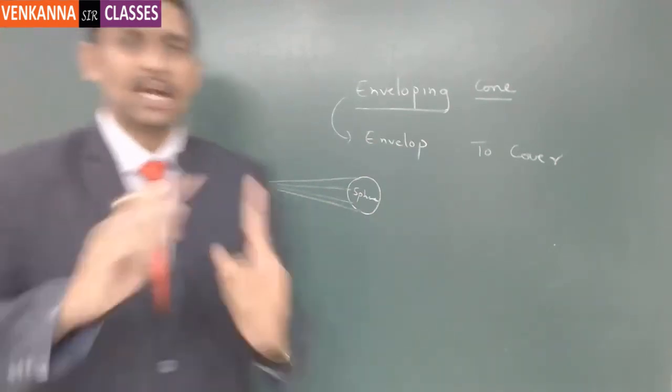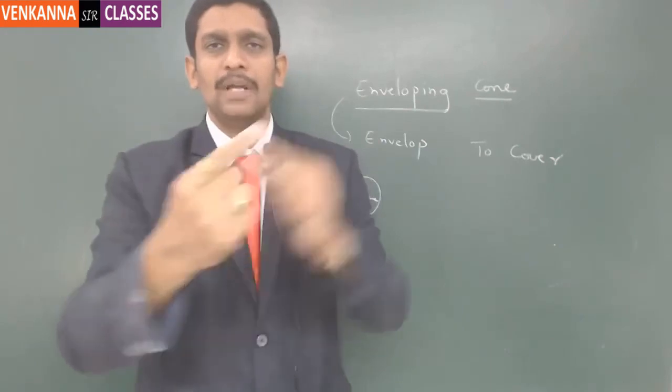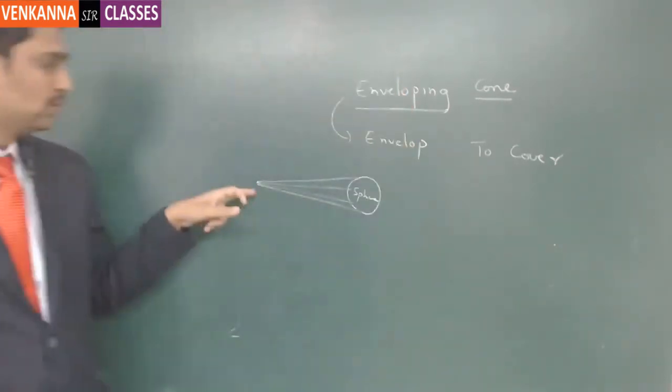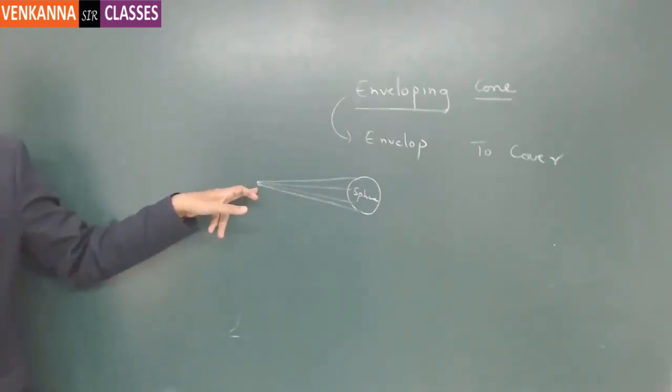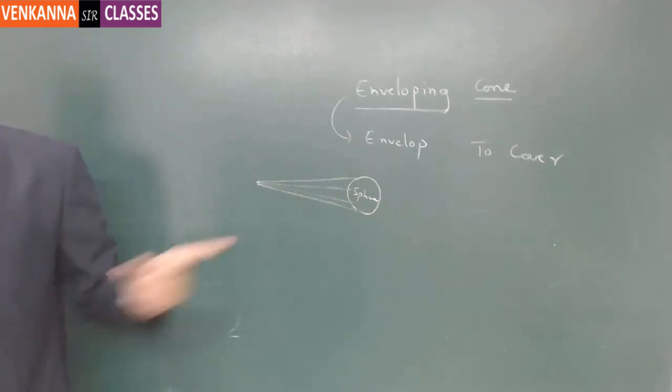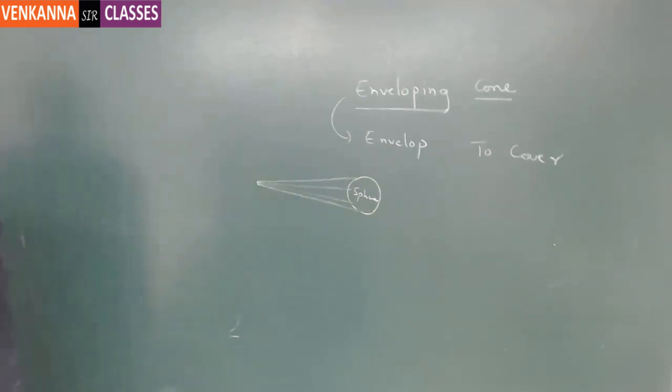They will come around the sphere, and all these lines are passing through a fixed point. This fixed point is nothing but the vertex. Here, the surface is nothing but the base. This type of cone we call the enveloping cone, and another name is the tangent cone. It has two names.